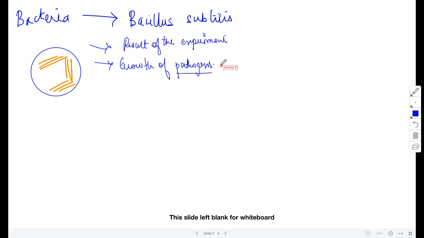Pathogens are microorganisms which cause diseases. So there might be some pathogens which might enter into this. What are we preparing? The bacteria culture. So this is answer 1.1.